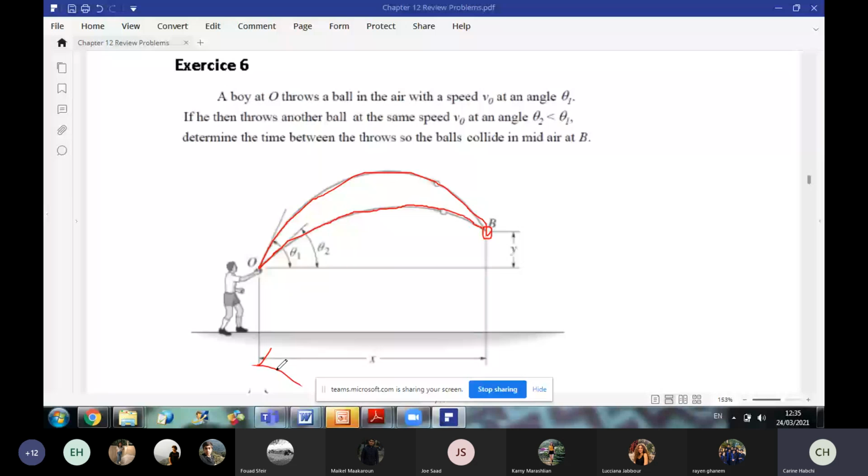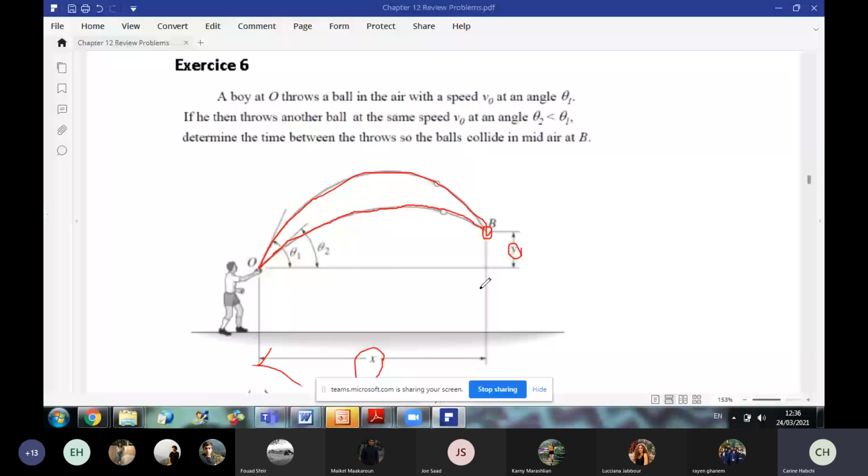They will give us the values of x and y, and we have to find the relation between delta t of throwing the two balls and x and y.